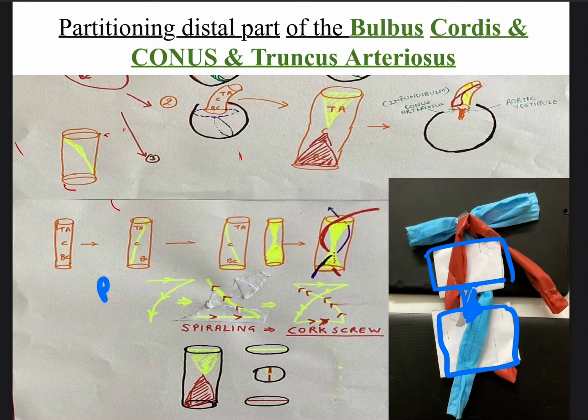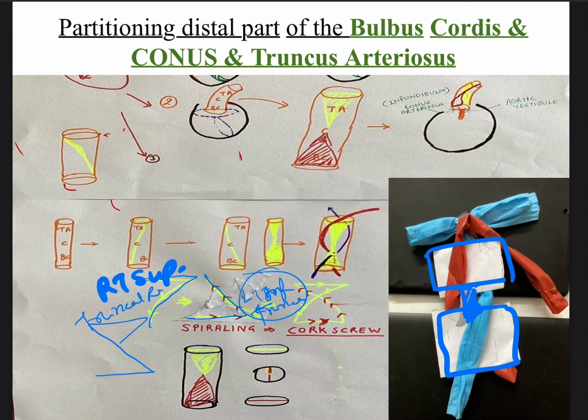First of all, the right superior truncal ridge and the left inferior truncal ridge form, and they meet each other in such a way that a spiral septum forms like this.